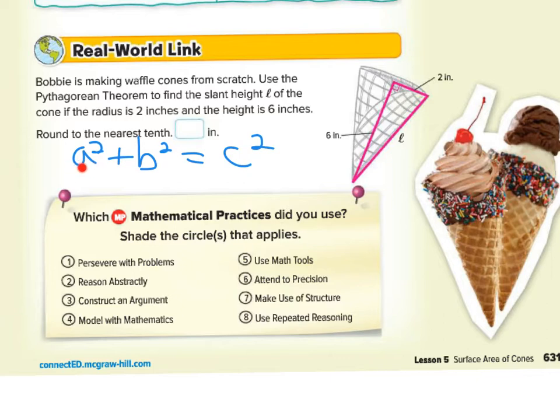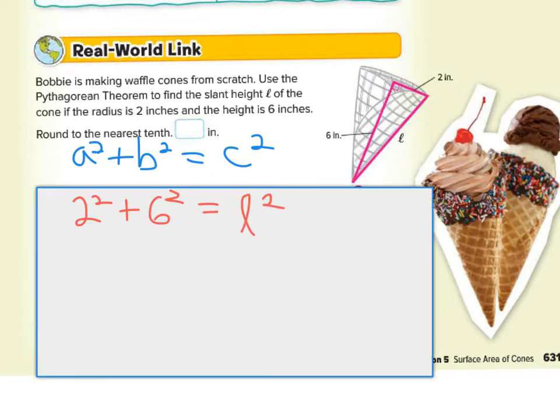So we will do a squared plus b squared equals c squared. Now let's replace those variables, and then let's solve for the exponent. So 2 times 2 is 4, 6 times 6 is 36, and that gives me 40 on one side equals L squared.